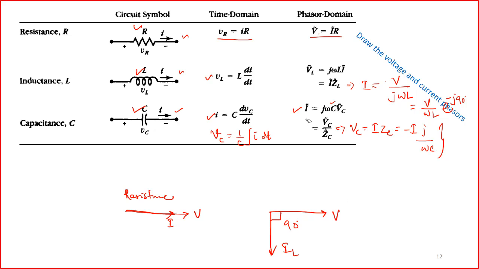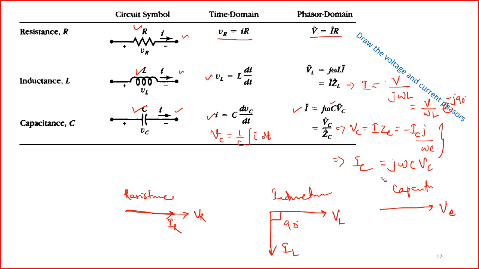Similarly, if I plot the voltage and current of the capacitance, this is your voltage across the capacitance, Vc. Now the current across the capacitance, Ic, will be jωC Vc, right?